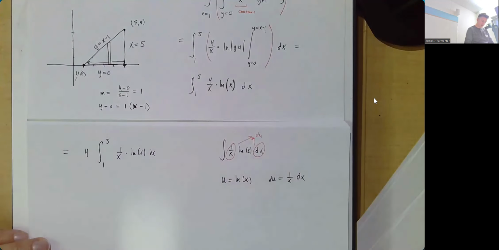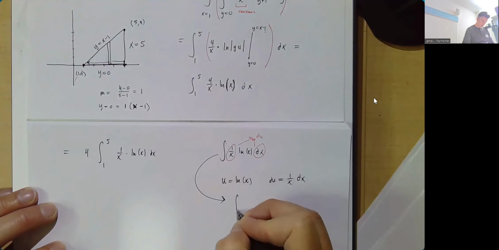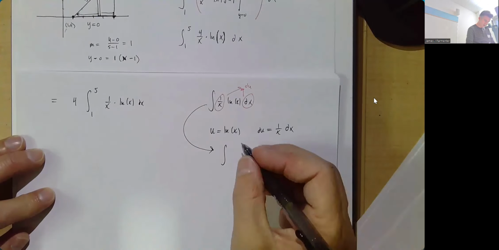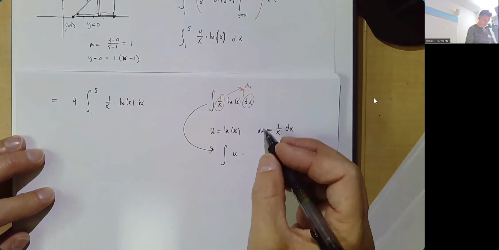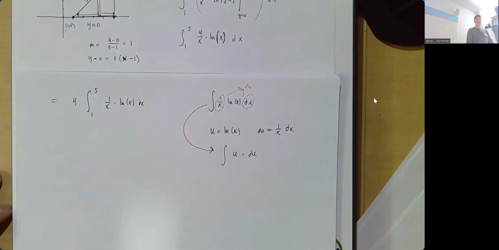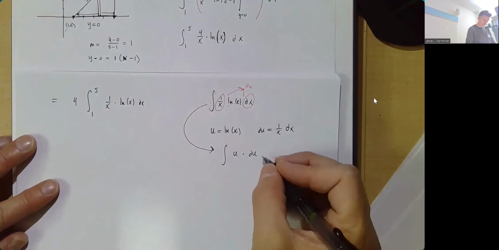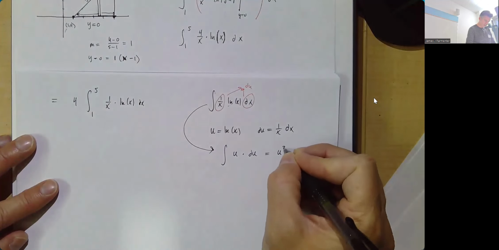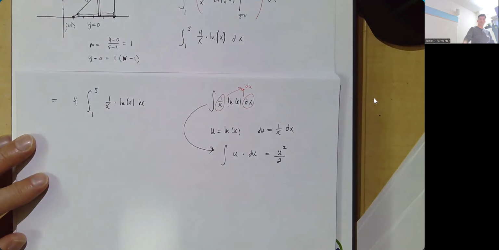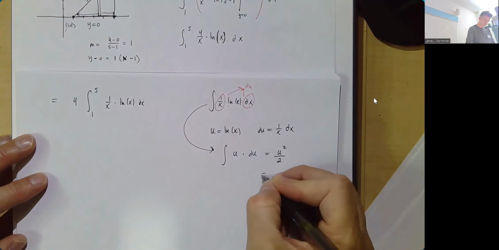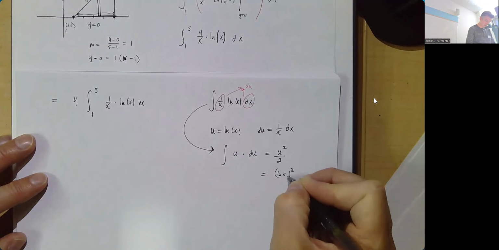So I can rewrite this integral as the integral of natural log of x, which is just u, times my 1 over x dx, which is just du. Cool. Anti-differentiate, you get u squared divided by 2. I don't even really care about the plus c because it's just my side work I'm using to help myself out, which is going to be the natural log of x squared over 2.